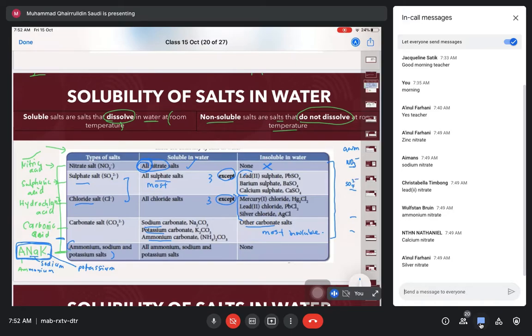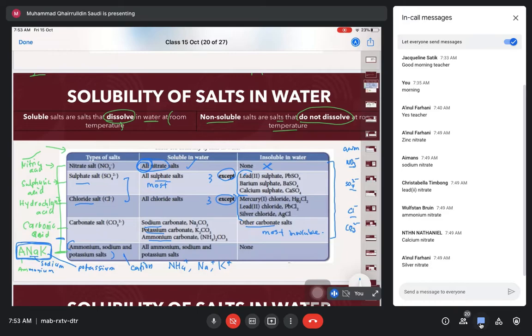Kalau anion dia chloride, dia chloride salt. Kalau anion dia carbonate, dia carbonate salt. But this one is cation. Kalau salt tu ada cation ammonium, cation sodium and cation potassium, dia ada kelas sendiri.